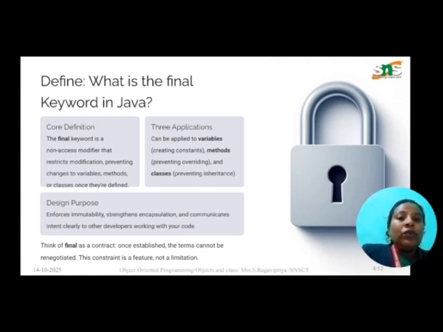It enforces immutability: once the data is allocated or fixed, it cannot be changed. Think of final as a contract. Once established, the terms cannot be renegotiated. This constraint is a feature, not a limitation.